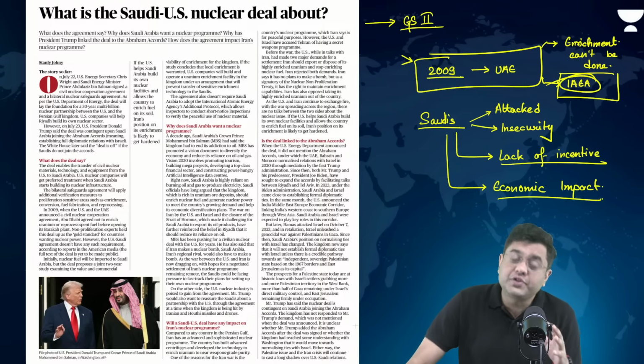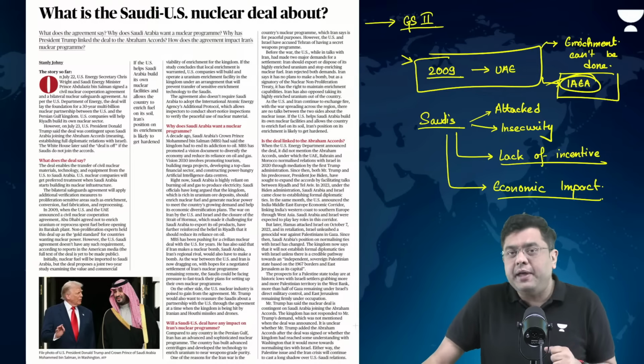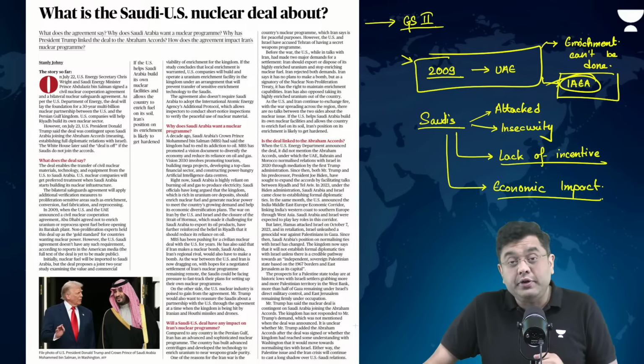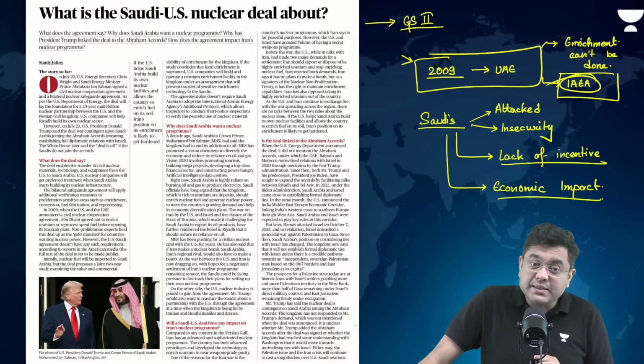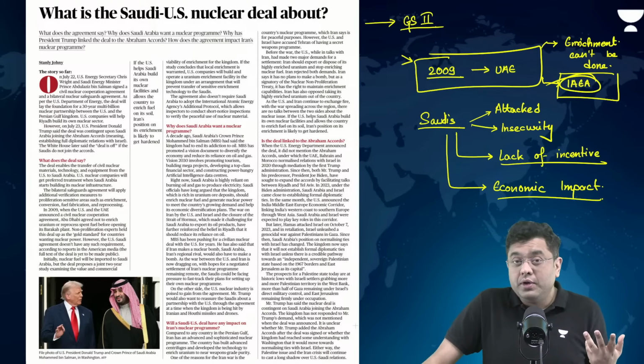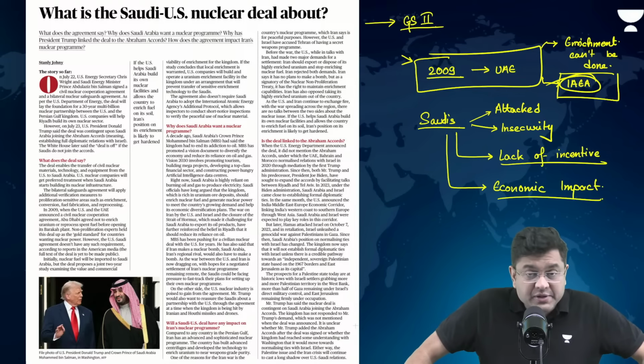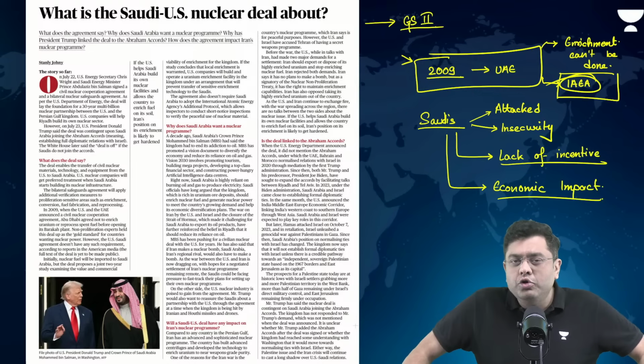This hardening of stance means Saudi Arabia has declined to agree to the Abraham Accords. Now, this follow up question was asked to no one else than Mr. Trump himself. Leaders of various countries can give nuanced and diplomatic answers or not give any answers at all. But Mr. Trump, again being Mr. Trump, said that if the Saudis do not agree to the Abraham Accords, there will be no deal. We will tear up the agreement and no civil nuclear agreement will move ahead.